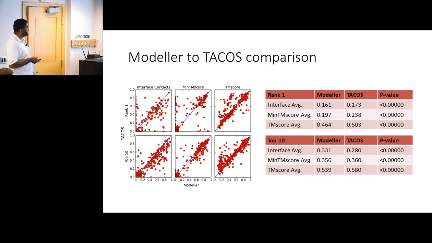And that's what you can see from here when you compare the rank 1 to Modeler's, is that most of them are above this line here. But there's a general decrease when we look at the best overall in the top 10 for both programs.